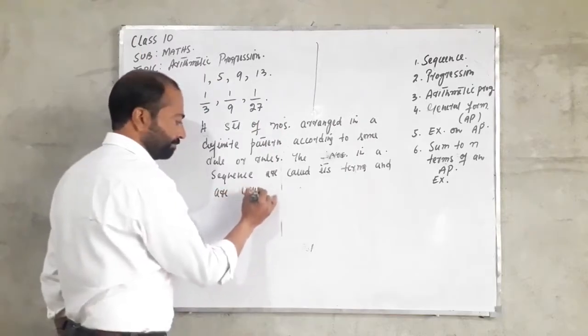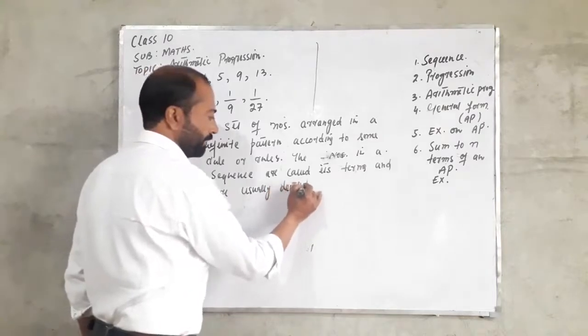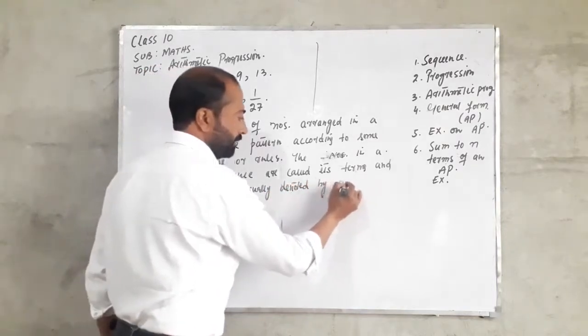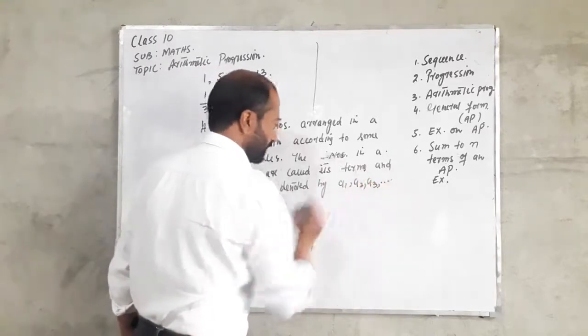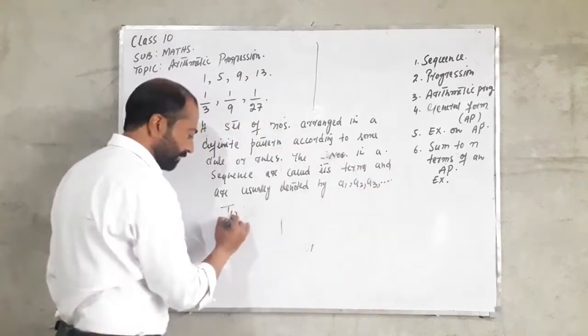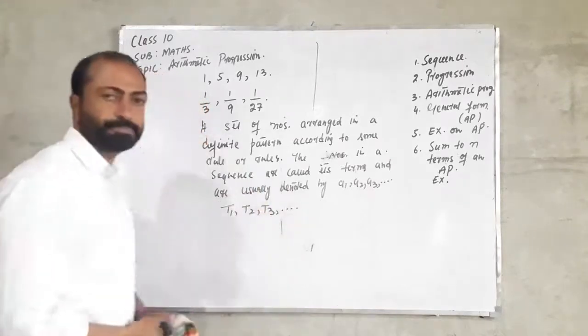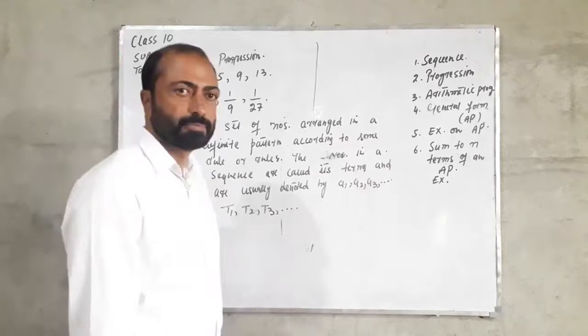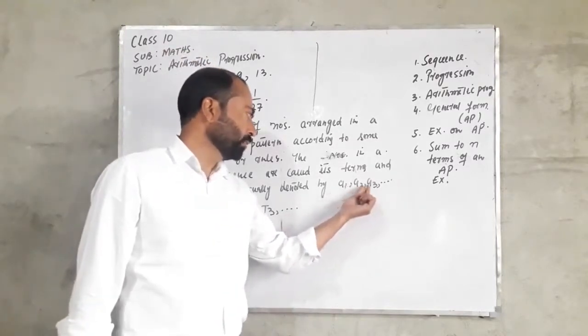Usually denoted by A1, A2, A3, and so on. Similarly, T1, T2, T3 and so on. Look at these subscripts 1, 2, 3.